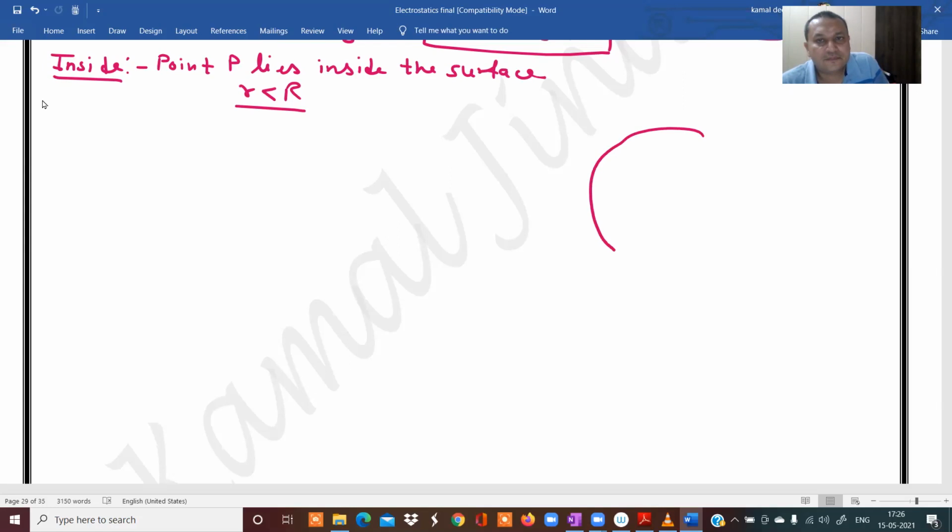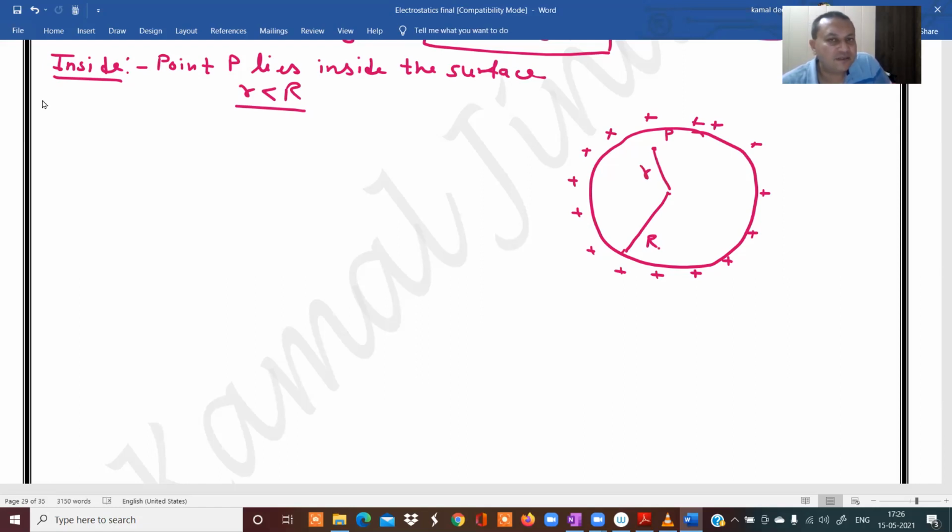Suppose this is your spherical shell having charge plus q, and this is the center. This is the radius R of this particular sphere, and here is point P, at a distance r. So I have written r is less than R. On this point P, you have to find out the electric field.